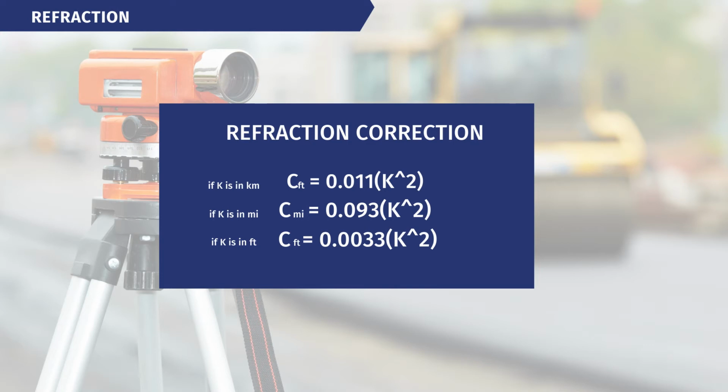If K is in kilometers, then C is equal to 0.011 multiplied by K squared. And if K is in miles, then C is equal to 0.093 multiplied by K squared. And if K is in feet, then C is equal to 0.033 multiplied by K squared.